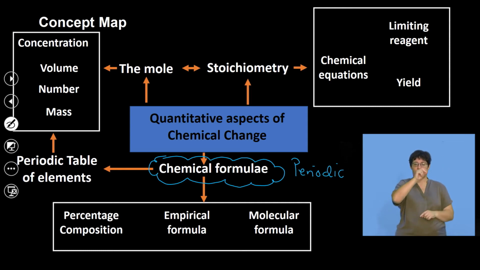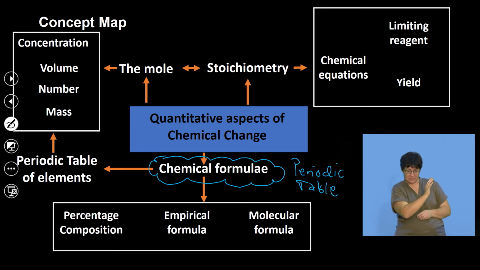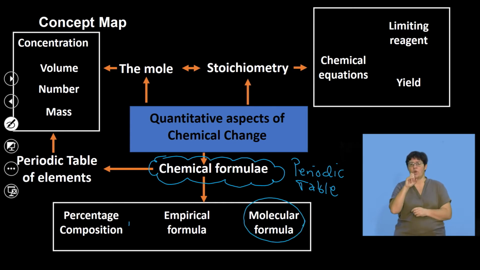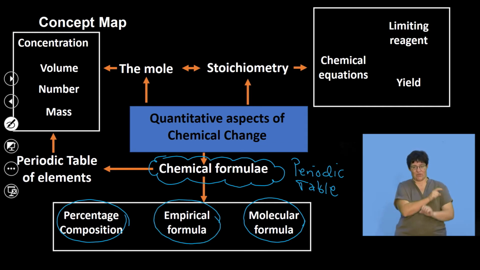Okay, so the periodic table consists of elements. From these elements we can talk about compounds. Then from compounds we understand the molecular formula in terms of percentage composition as well as empirical formula of the substances that are involved, right? So these are the three aspects that we shall focus our attention on today as part of this session, right?